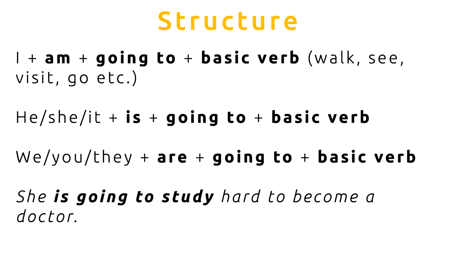For he, she, and it, we use is plus going to plus a basic verb. And for we, you, and they, we use are plus going to plus a basic verb. For example, she is going to study hard to become a doctor.